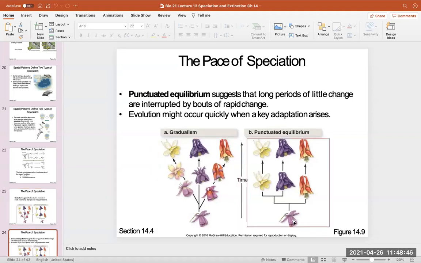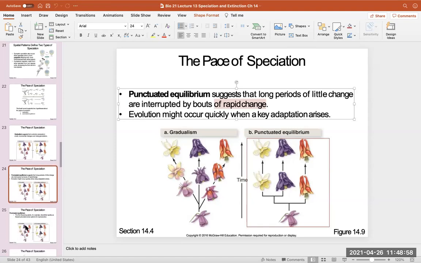So this flower is stable for a long time, then it changes all of a sudden. So long periods of little or no change, and then a rapid change. That's punctuated equilibrium. So know the definitions for both. Ocean species are in a stable environment, so mostly that's gradualism. Maybe they're changing a little bit over time. The environment is pretty stable.